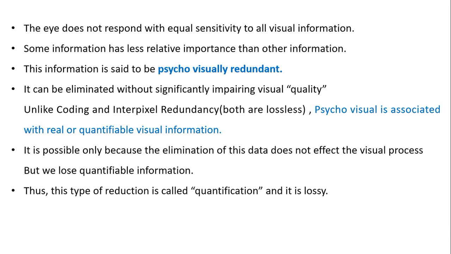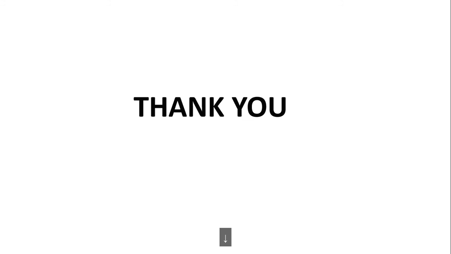Unlike coding and interpixel redundancy, psychovisual redundancy is associated with real or quantifiable visual information. It is possible only because the elimination of this does not affect the visual process, but we lose original information, that is the quantifiable information. Thus, this type of reduction is called quantization and it is lossy.